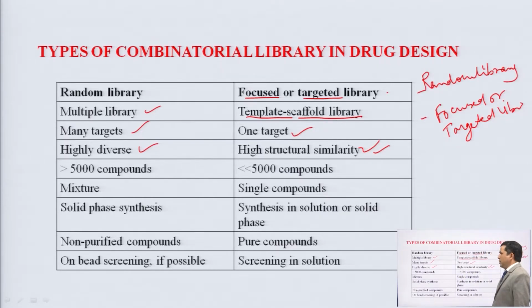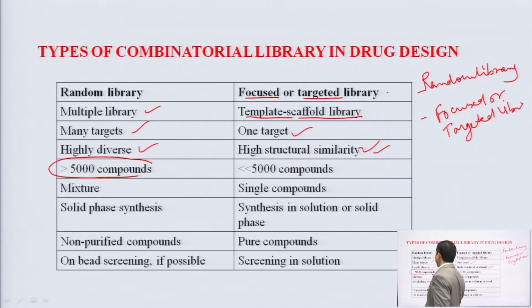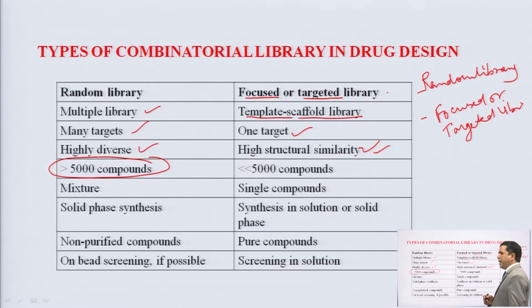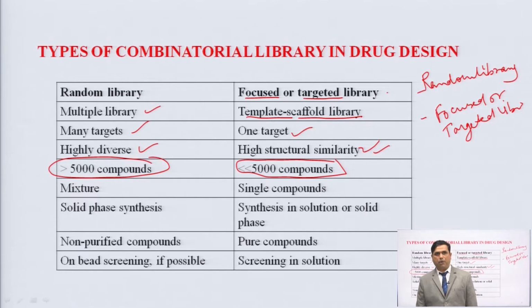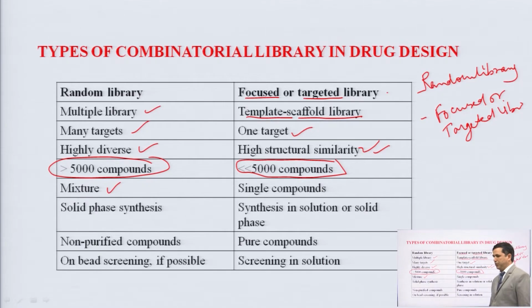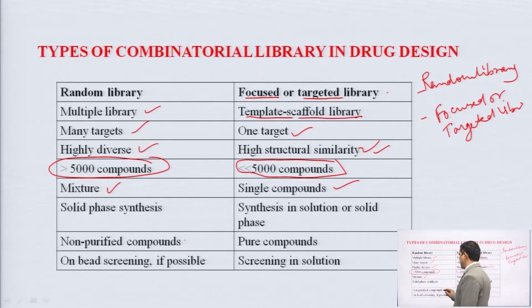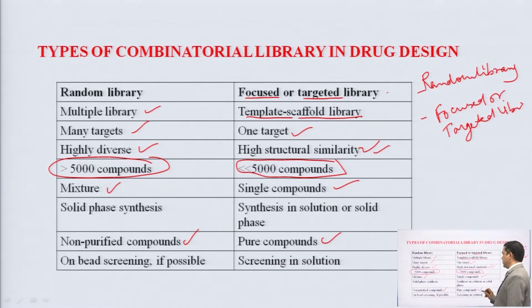Generally, the random libraries contain more than 5,000 compounds. In the focused or targeted libraries, we have already filtered the compounds, so the number is much less than 5,000. In the random library it may be a mixture of compounds, non purified, whereas here we can get a single, pure compound.